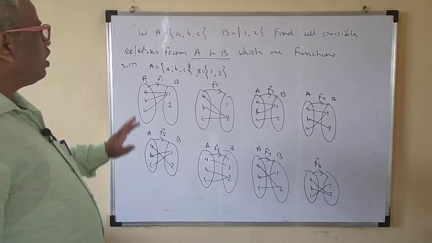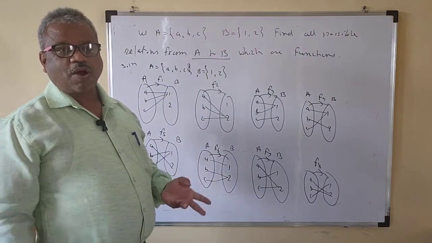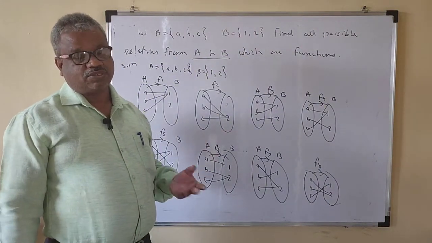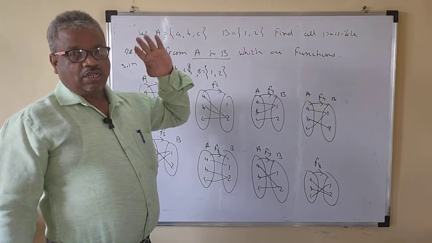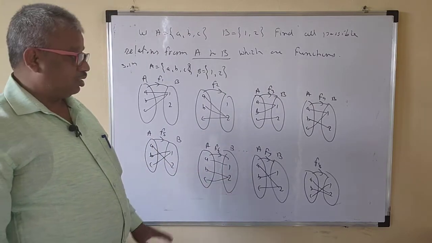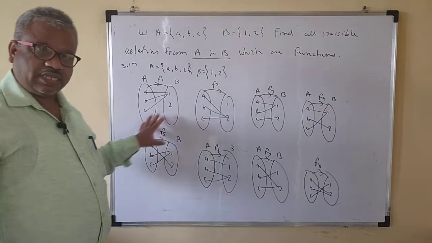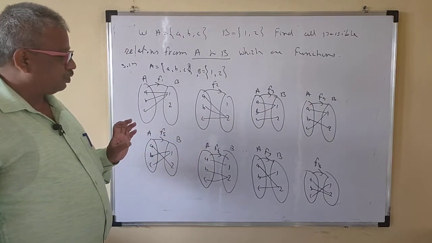Okay. So I hope that you can form this. Suppose B is equal to 1, 2, 3. Then 3 to the power 3 is what? 27 functions. Try to form such 27 functions for your knowledge.